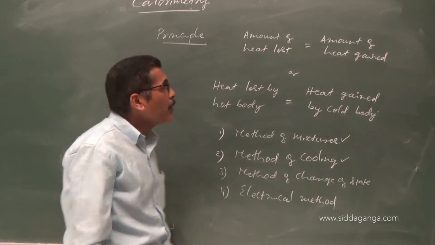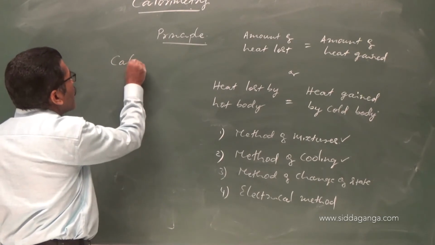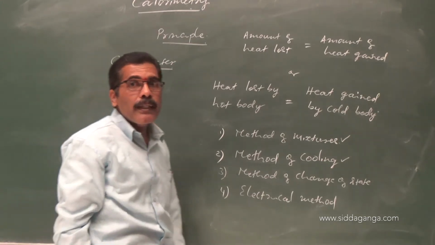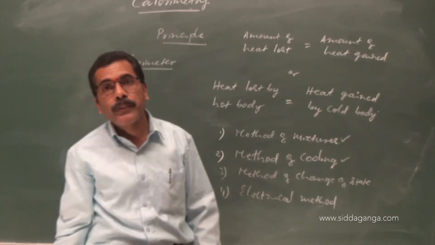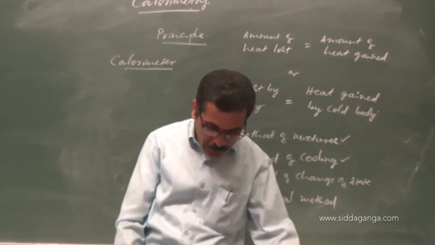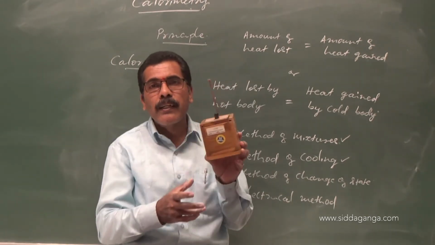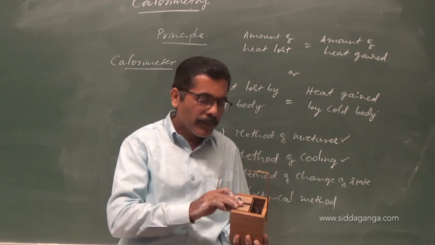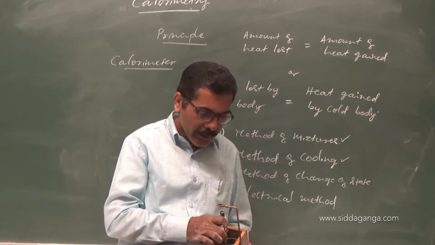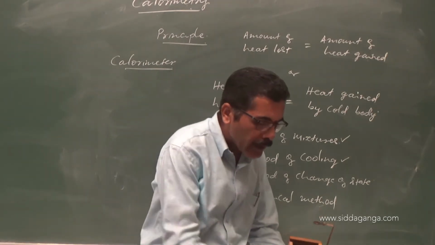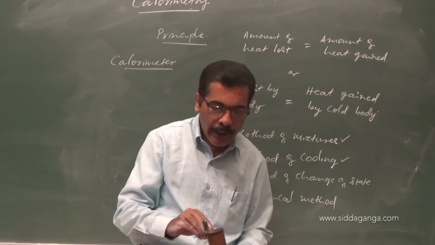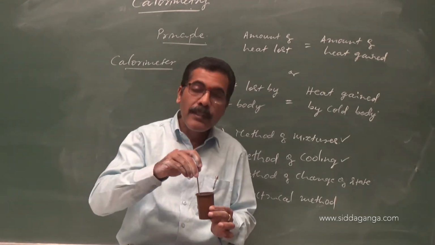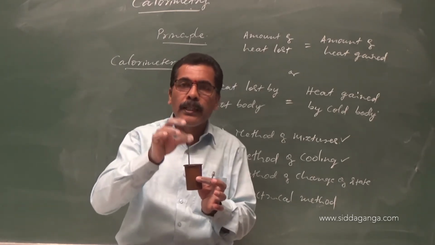Now let me explain something about the calorimeter. A calorimeter is a device based on the principle of calorimetry. This is a simple calorimeter. It consists of a lid. Inside this, there is a copper vessel and a stirrer, which is used to stir the contents inside.